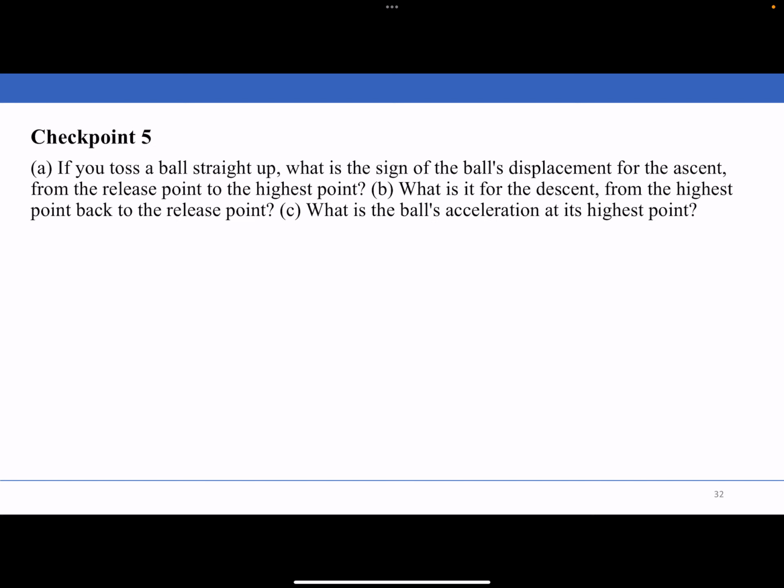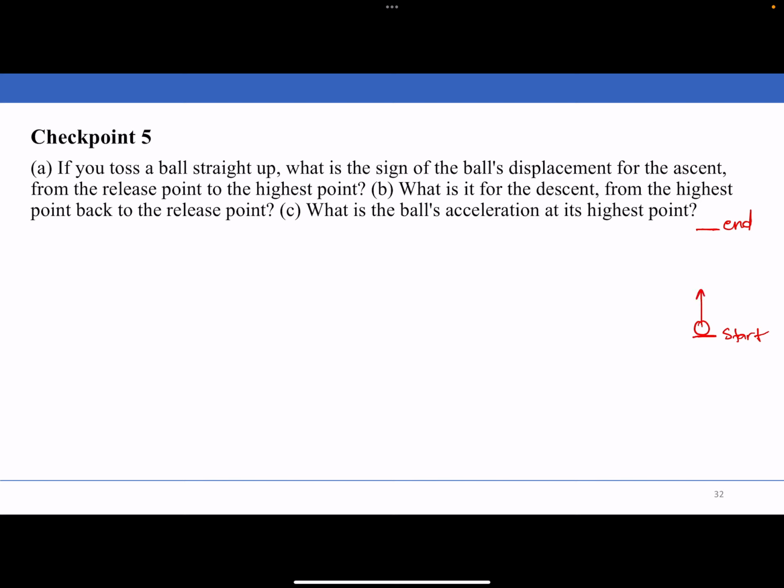So I'm going to start with this example right here. It says if you toss a ball straight up, what is the sign of the ball's displacement for the ascending part from the release point to the highest point? So you're starting from here, and this is the end point, and it is being thrown up.